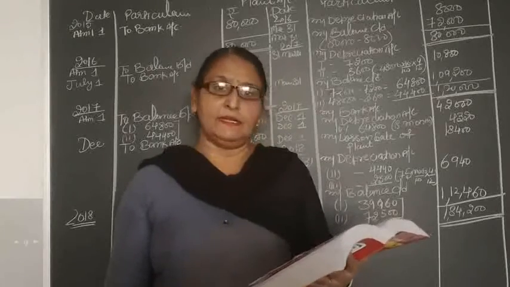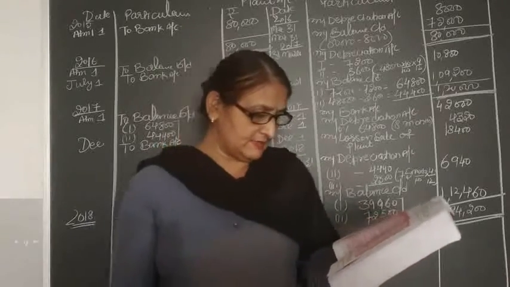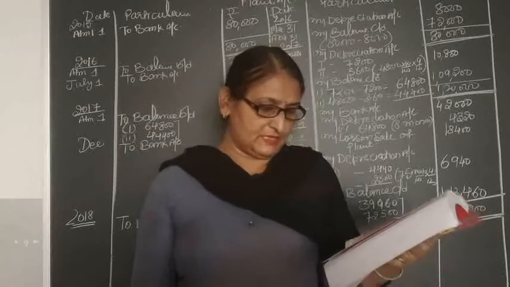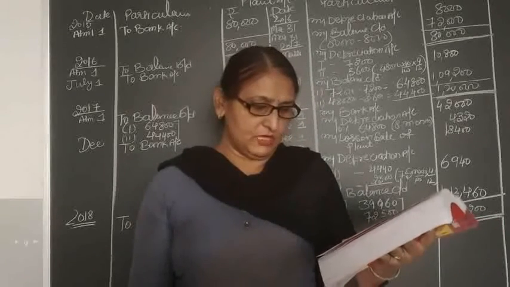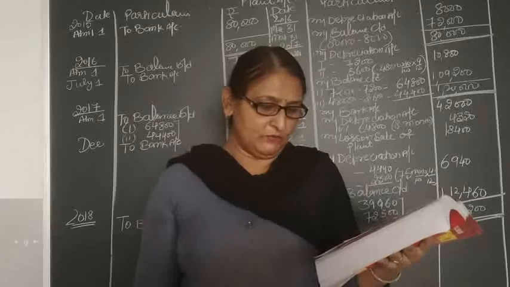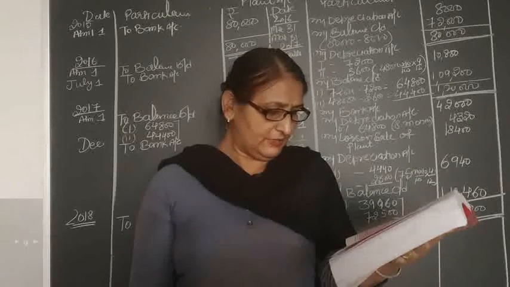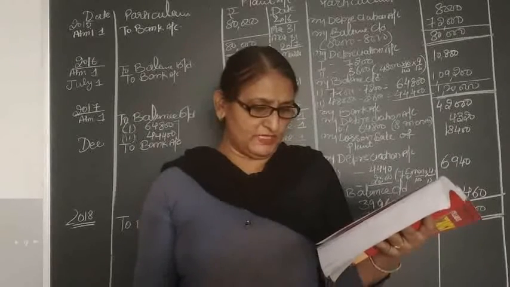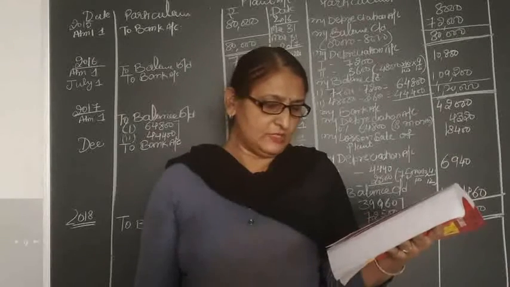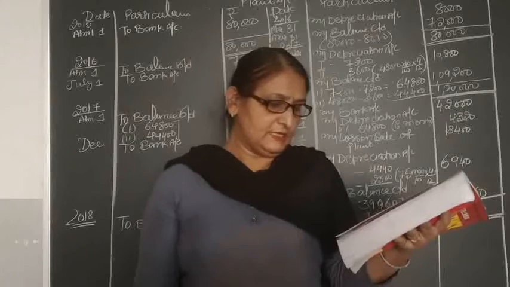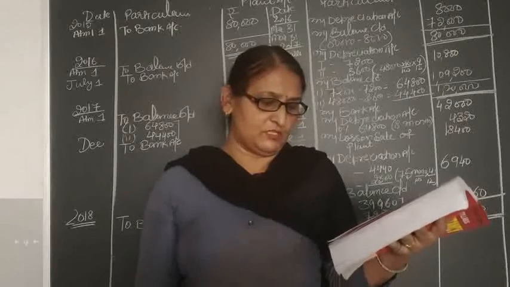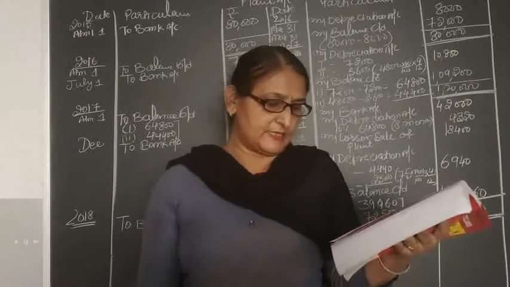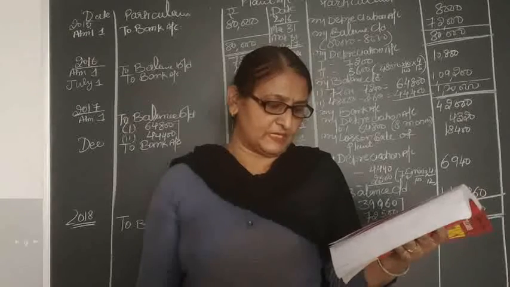Example number 10, and the statement of example number 10 is: Rohini Cement Limited purchased on 1st April 2015 a plant of 80,000. On 1st July 2016, it purchased an additional plant costing rupees 48,000, and on 1st December 2017, the first plant was sold for rupees 42,000, and on the same date a fresh plant is to be purchased.